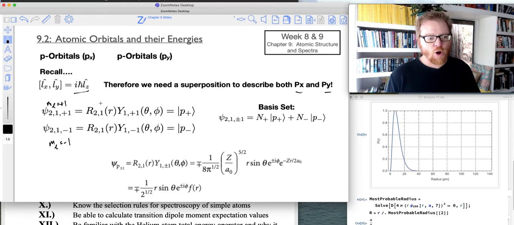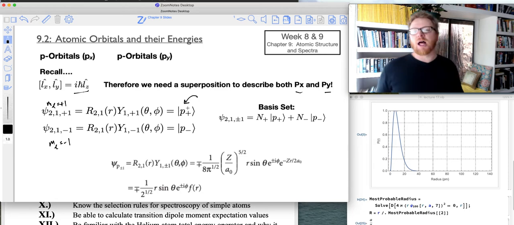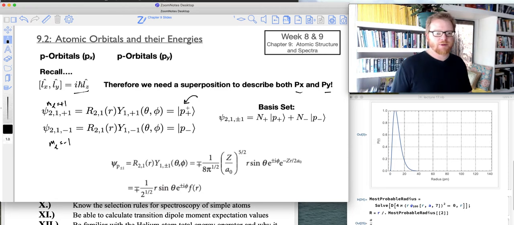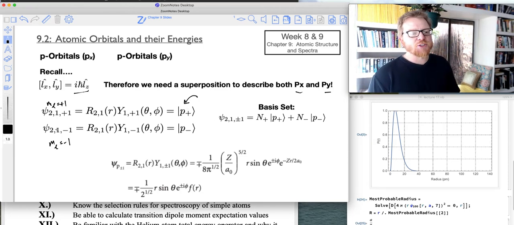Okay, and if you follow through our nomenclature, that's R21, Y1 plus 1. That's typically referred to as the P plus wave function. Check out the nomenclature. We're literally going to call all this stuff R21, Y1 plus 1, just P plus. Great, it's a wave function, okay? And when we have the psi 2,1,-1, that's going to be the R21, Y1 minus 1, and that's going to make the P minus wave function, okay?